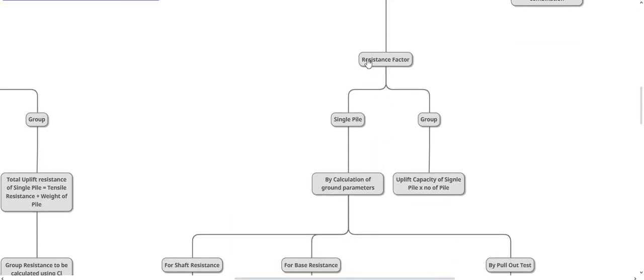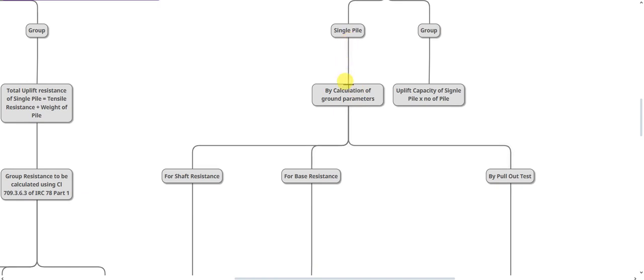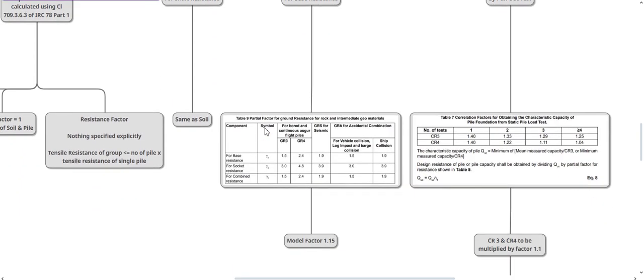The resistance factor is given for two cases, one for single and the second for group, depending upon our methodology of how we calculate the capacity. First is for shaft resistance. For shaft resistance, nothing is specified, so we'll consider that we need to follow the same as soil. It remains the same, no difference.